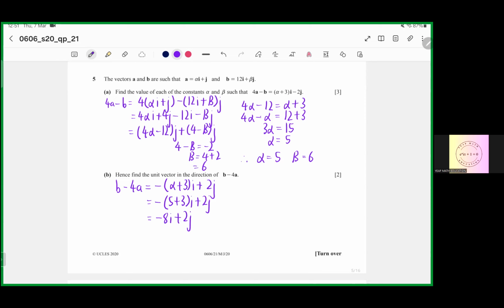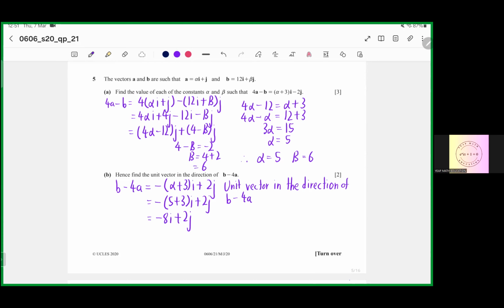So now we need to find the unit vector in the direction of B minus 4A.